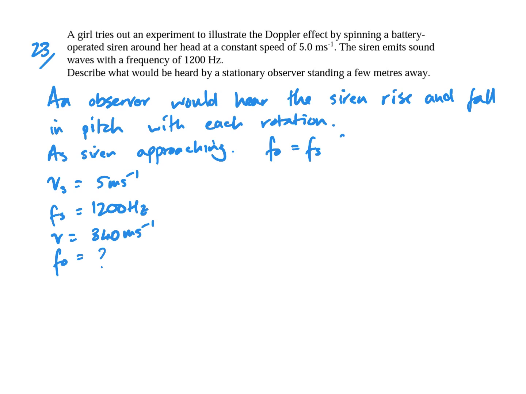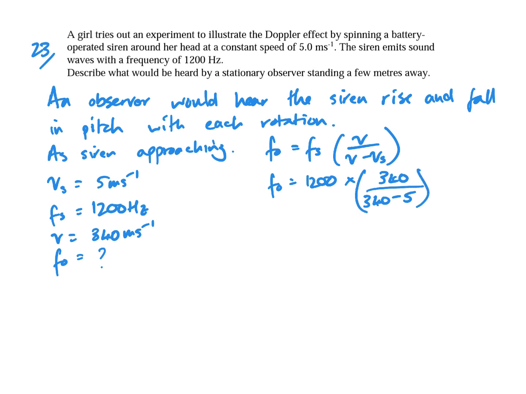So you have to remember to select the minus in the bottom line from the plus or minus that's written in the formula sheet. And plug all that into your calculator. Not getting a huge change, to 3 significant figures it would be 1220 hertz.